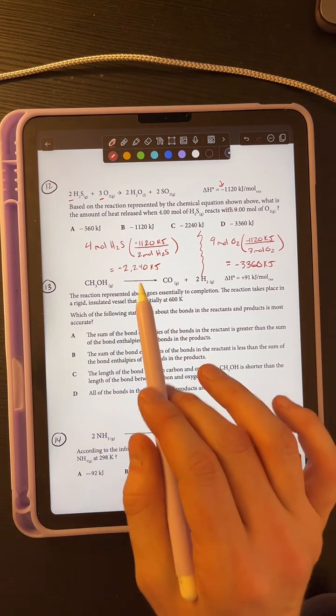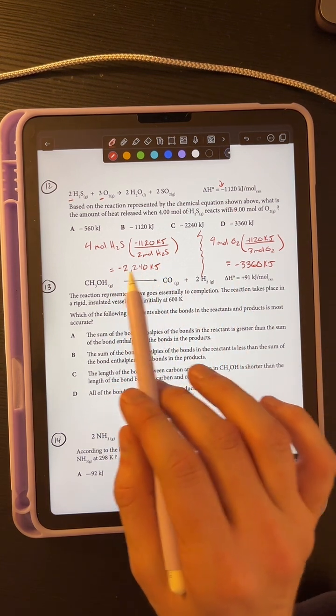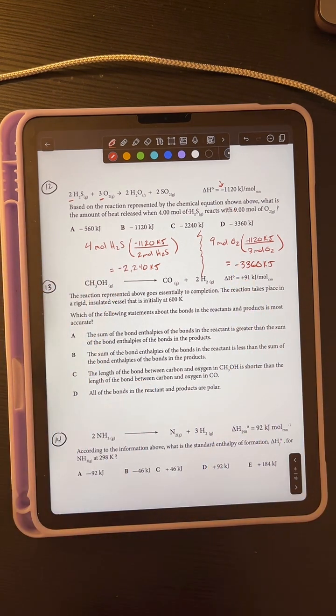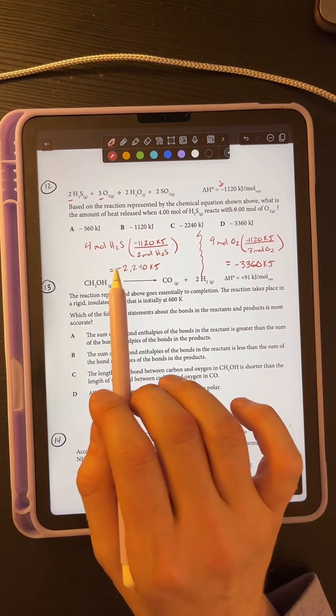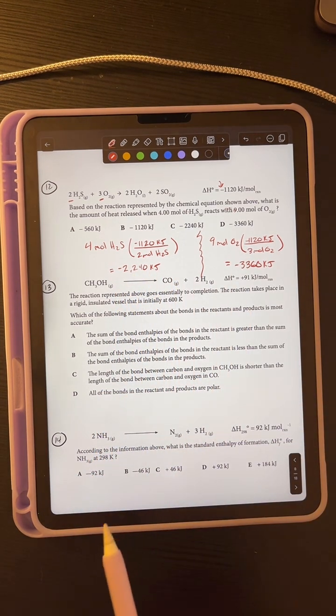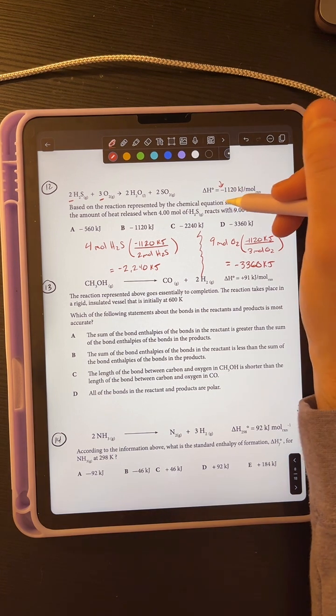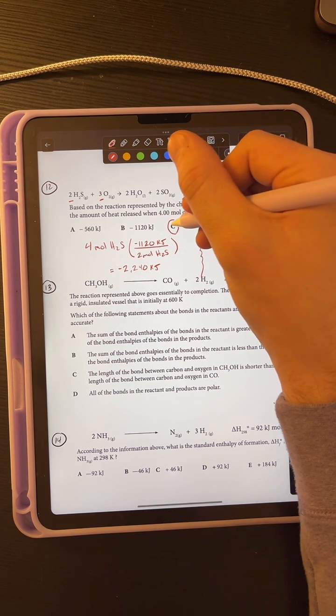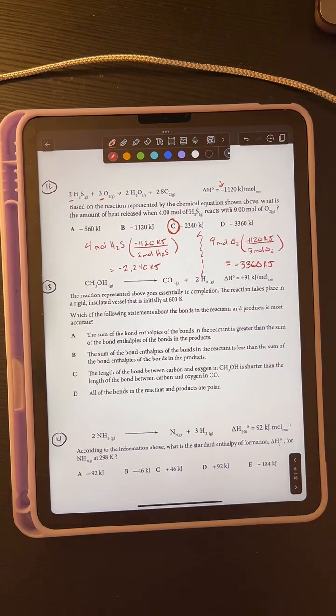And since heat is our product here, we go with the value that is least, ignoring the negative because that just tells us released or absorbed. And that value is 2,240 because that is smaller than 3,360. So the correct answer here is choice C. If my pen will work, choice C.